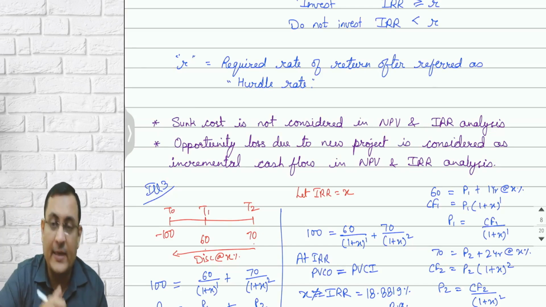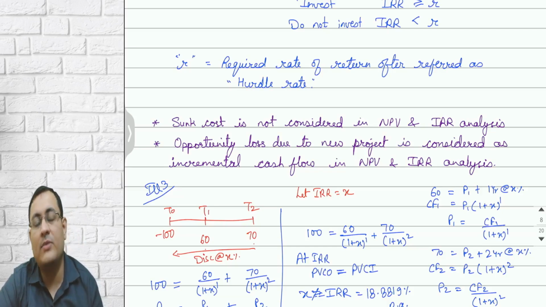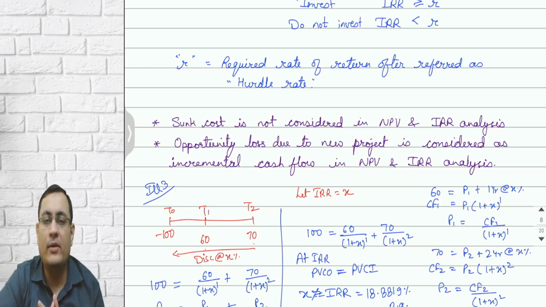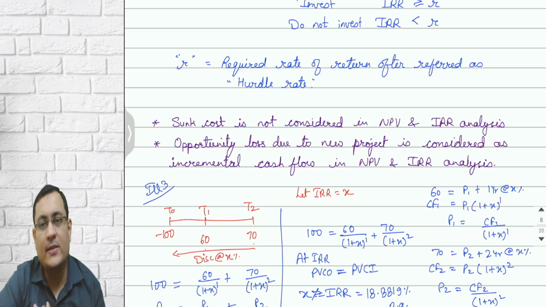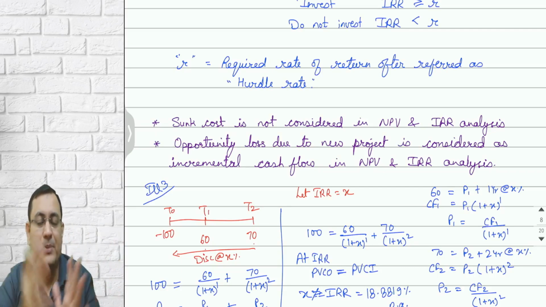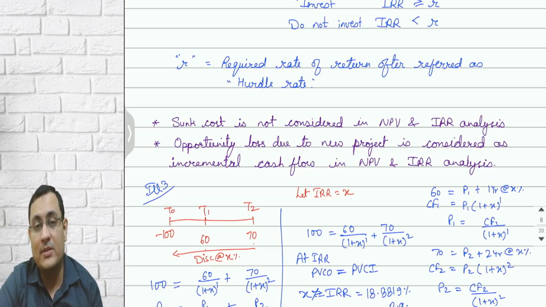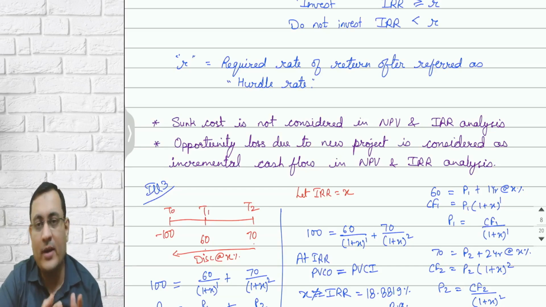So in this illustration 3, if the hurdle rate, cutoff rate, benchmark rate or required rate is 15%, should you accept the project, yes or no? Yes. The investor wants 15%, we are generating 18.88%. Second case, if the investor's required rate of return as per the risk of this project is 18.8819%, then should we accept or not? Yes, still yes. Theoretically, yes.